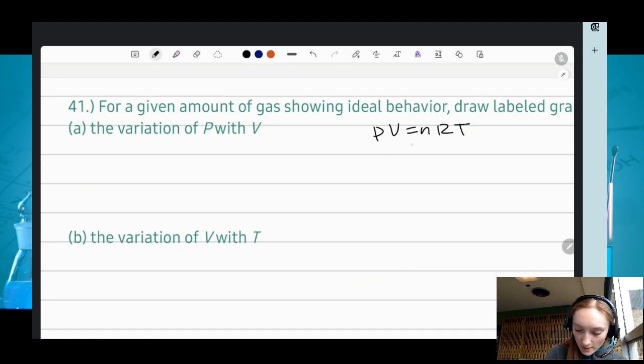So P would have to be 1 over V. As V goes up, P goes down, so the relationship is inverse.